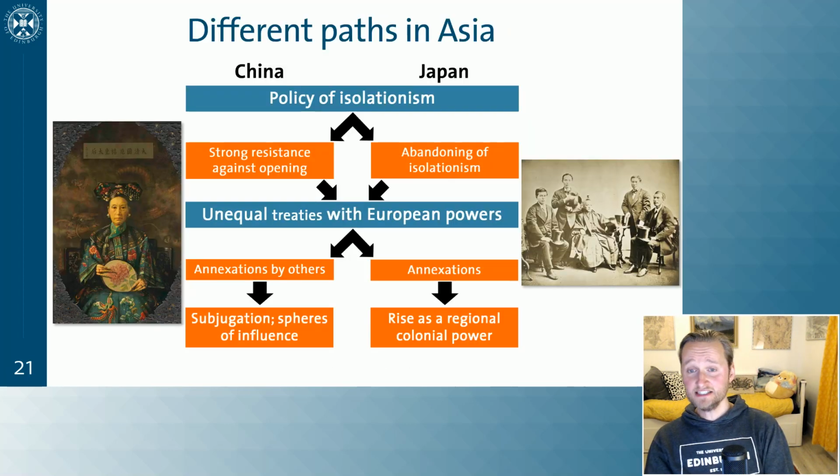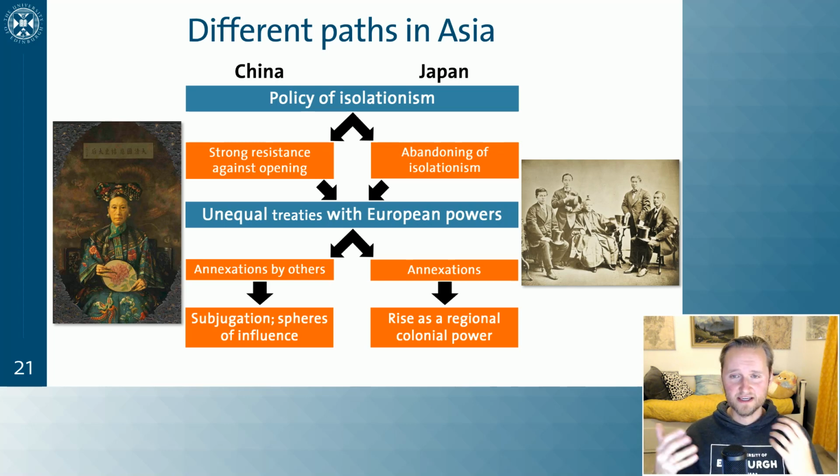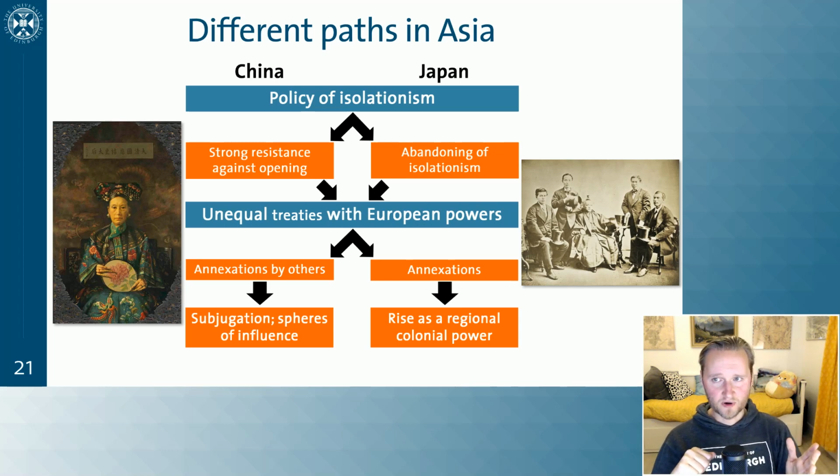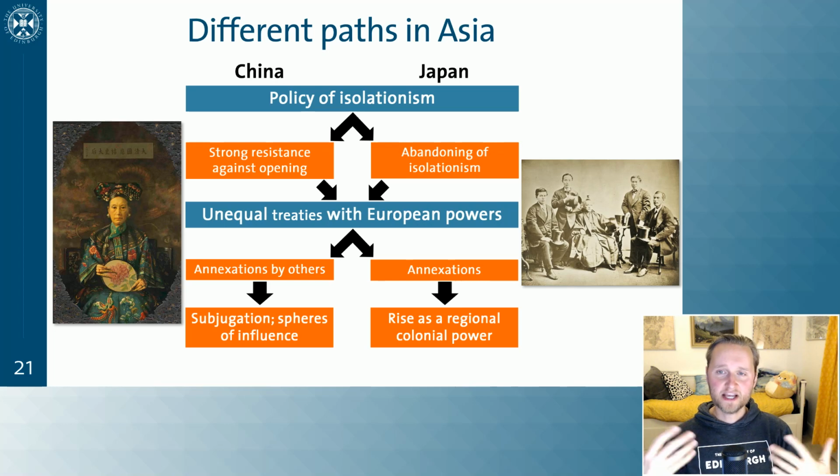If we look at Asia for a second, that too, of course, saw its share of colonization. But we had two main powers that had very different outcomes in this time. You had China on the one hand and Japan on the other hand. They both, at first, when encountering the energetic, shall we say, Western attempts at getting into their territories, tried to have a policy of isolationism.